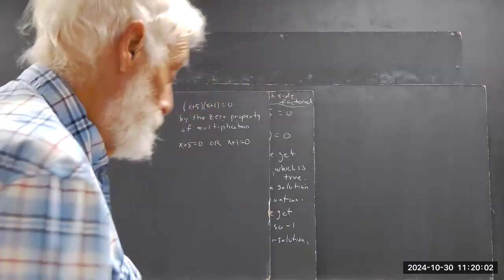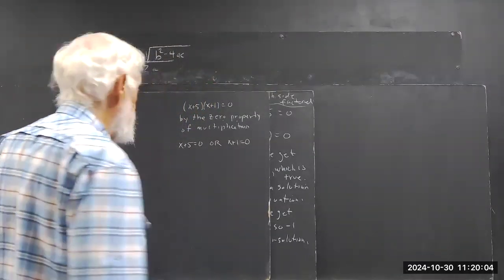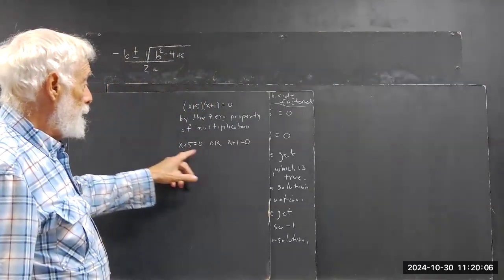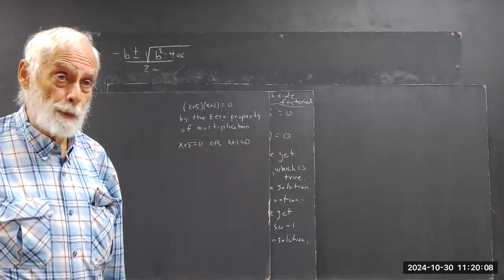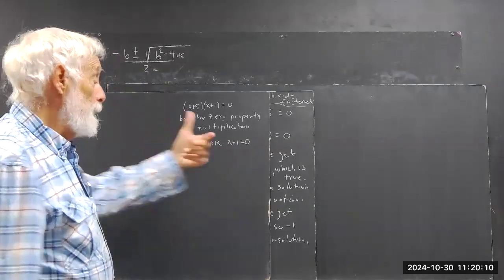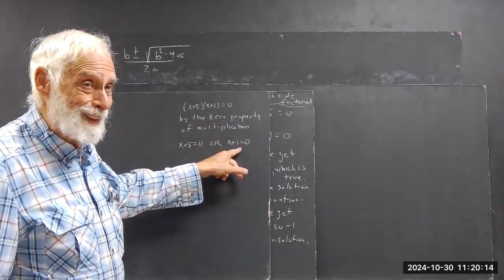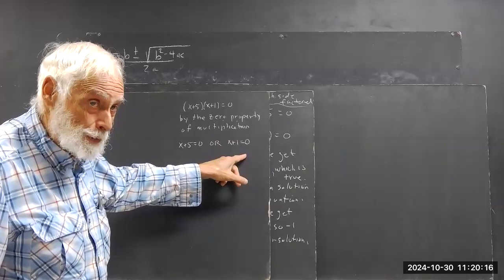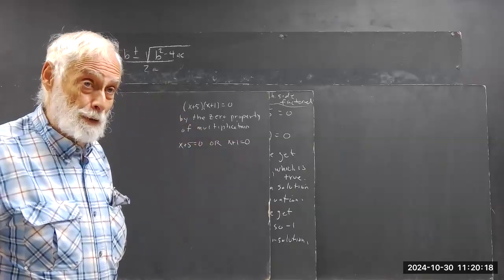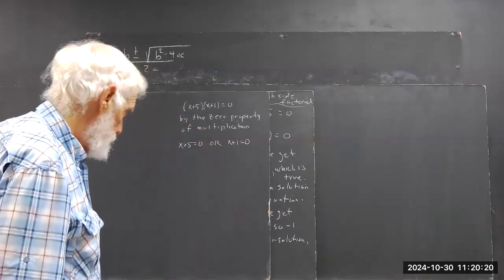Okay. I didn't say x plus 5 equals 0 and x plus 1 equals 0 because it can't be both. If x plus 5 is 0, that ain't 0. And if x plus 1 is 0, this isn't 0. Okay? It's or.